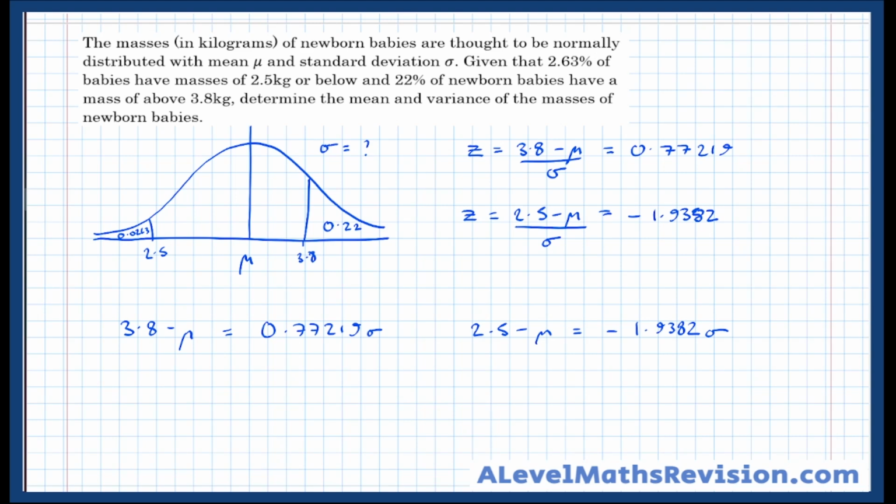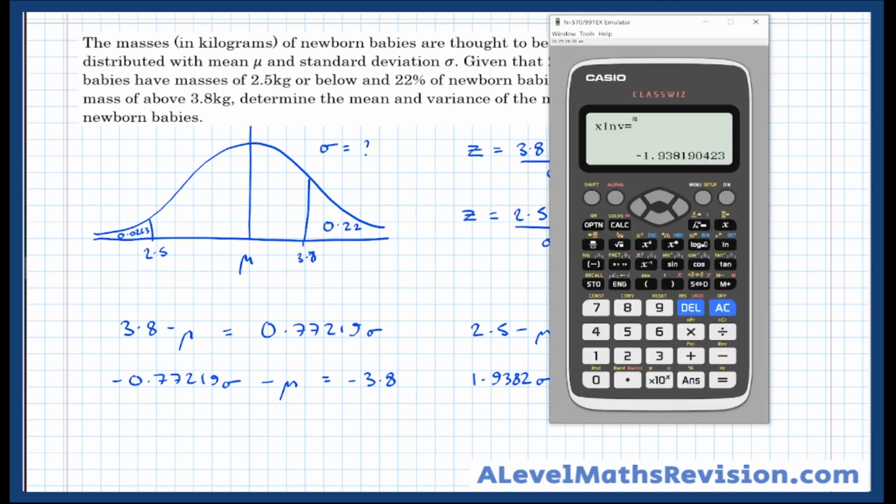So we've got here minus 0.77219 sigma minus mu equals minus 3.8, and this one will become 1.9382 sigma take mu equals minus 2.5. So I'll put that in the calculator as is.